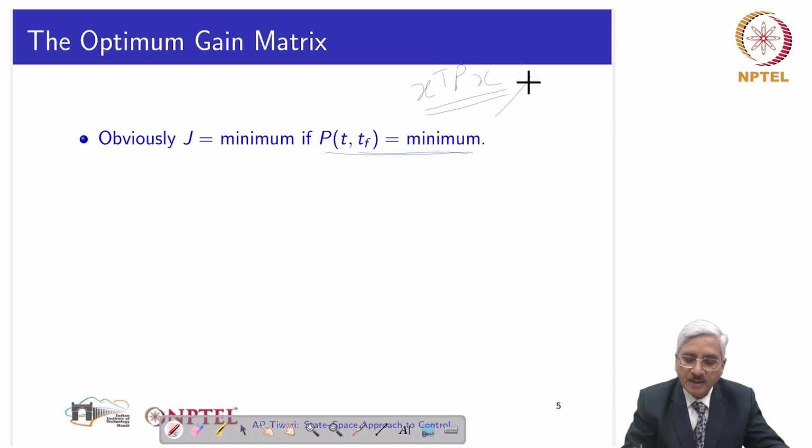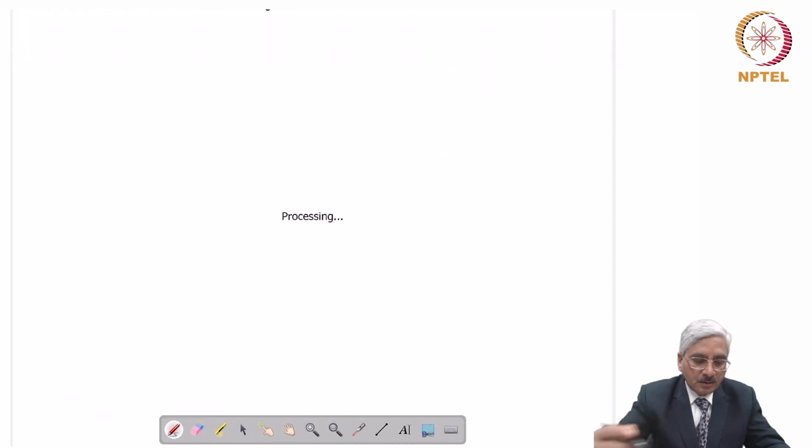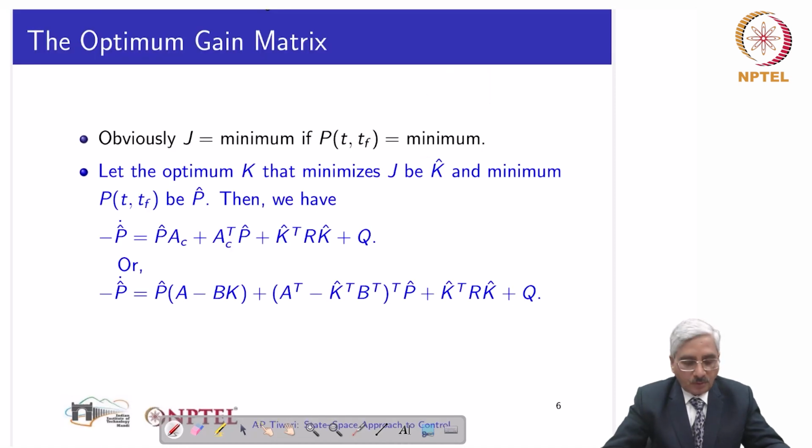It is quite obvious from this expression. So we say that the optimal value of P is P hat, and the optimum value of K is K hat.